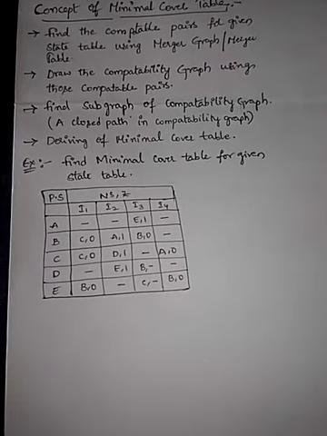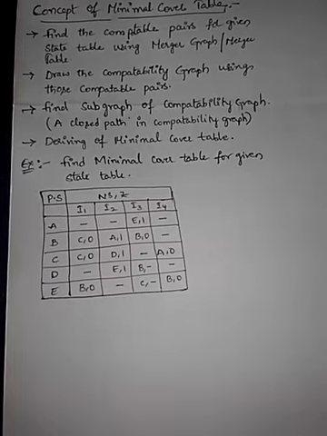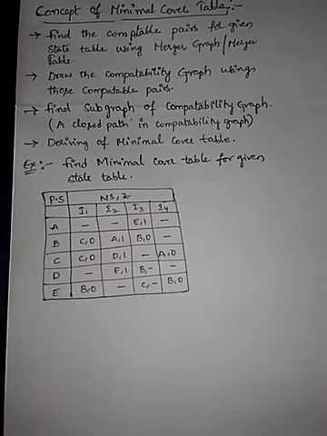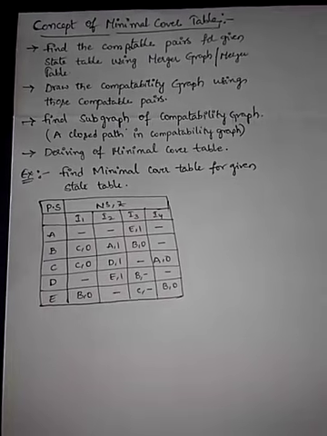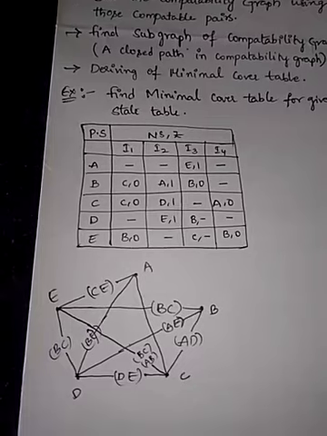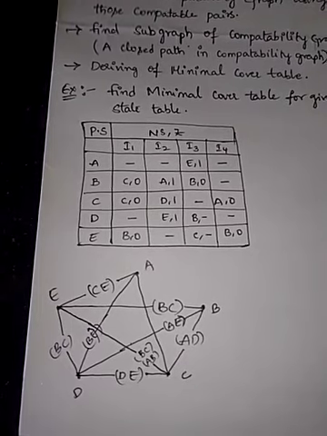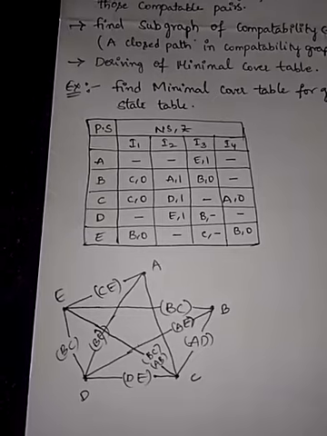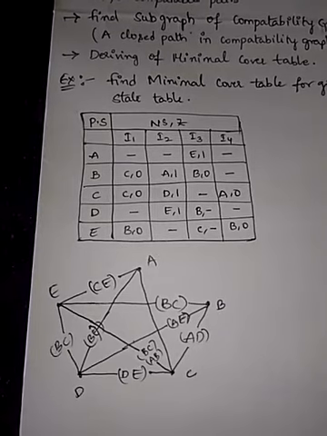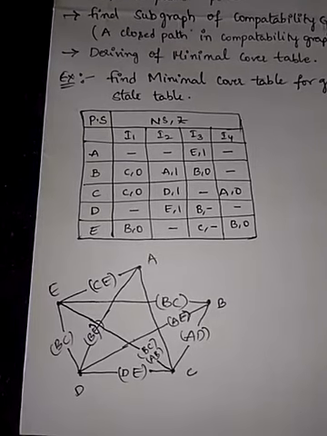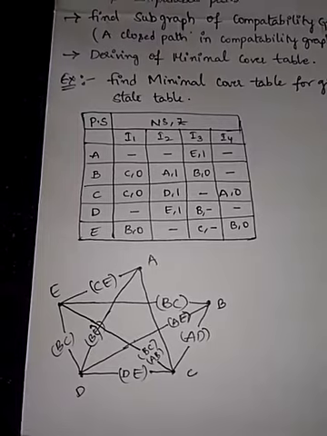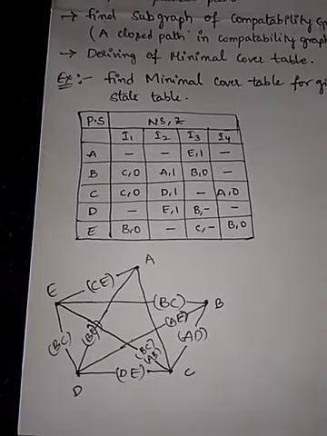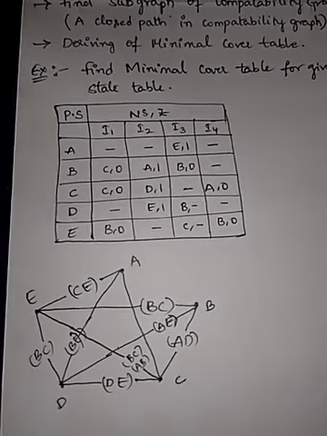So first I will draw the merger graph for the given state table. This will be the merger graph we get after comparison of all the states. Again, you need to verify whether the states present in between the line exist or not. That means I need to cross verify. Suppose I am verifying the A comma E states.